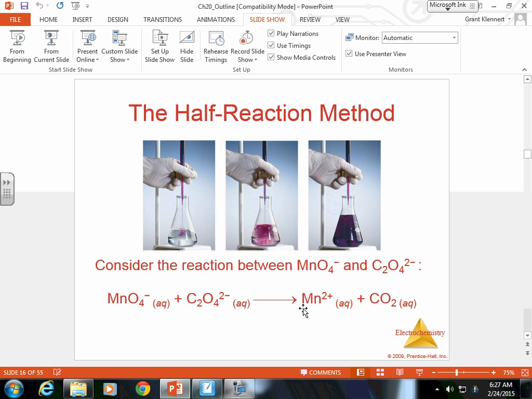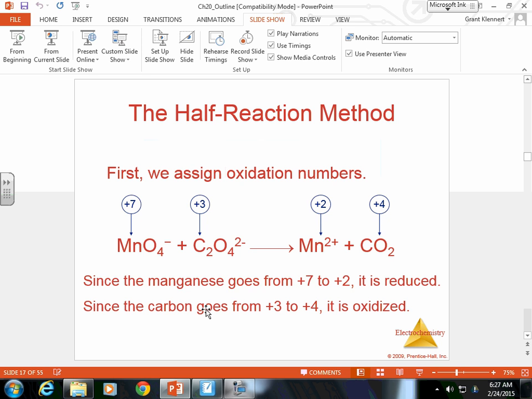Now, real quickly, which one of these is being oxidized and which one's being reduced? Well, let's go ahead and assign oxidation numbers to each compound. Real quickly here, oxygen has a charge of minus 2, which means it's minus 8. Manganese then therefore has to be plus 7 because the entire compound has a charge of minus 1.